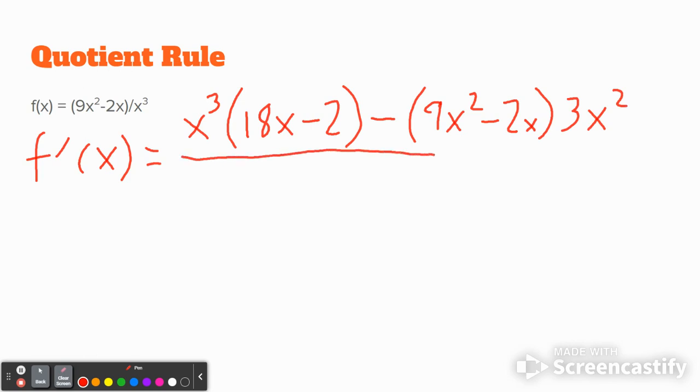And then that would be our numerator. Our denominator would be, don't forget to square the low, x cubed squared, which would be x to the sixth. So this would be our derivative for this function.